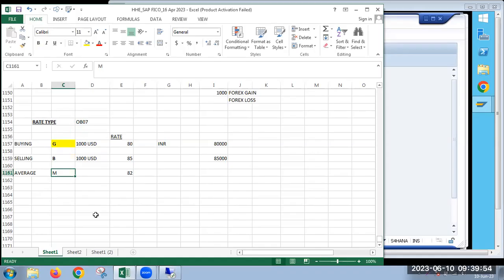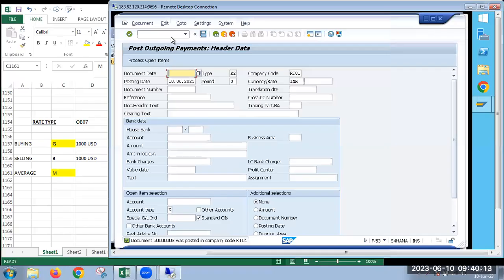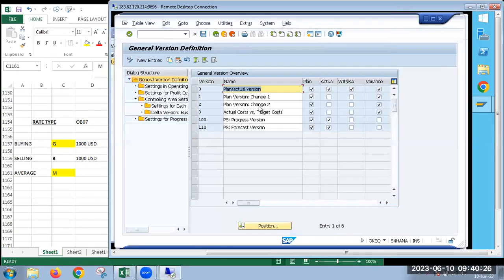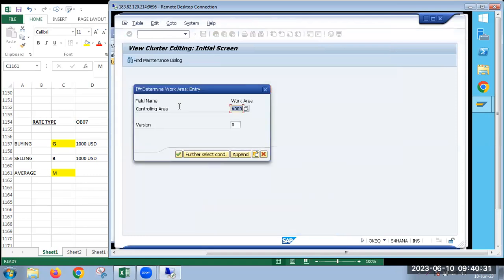Anyone remember where it was? Exchange rate type M. We saw this rate type in our configuration, with our plan version specification, with the controlling area creation, when we activated version 0 for a particular fiscal year.